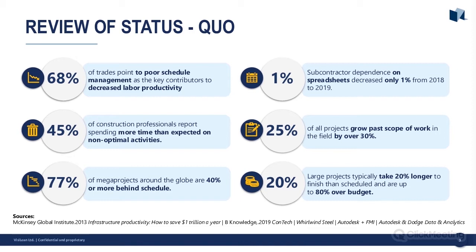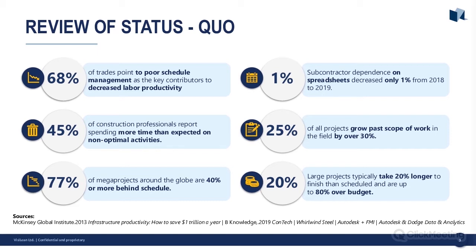These are some quite alarming statistics. 68% of trades point to poor schedule management as the key contributor to decreased labor productivity. So most of the trades, nearly all of them, are saying that poor planning is leading to poor productivity, and that's causing issues on construction projects.